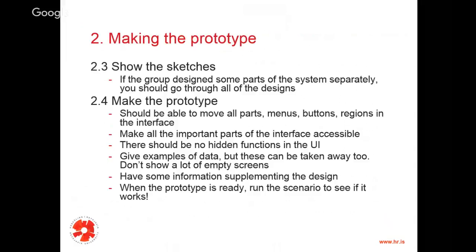And when you have that, you can make the prototype. You could actually make it on paper. And be sure that all the parts are movable: the menus, the buttons, the regions in the interface. So there shouldn't be any hidden information or hidden functions, and you should give examples of data.